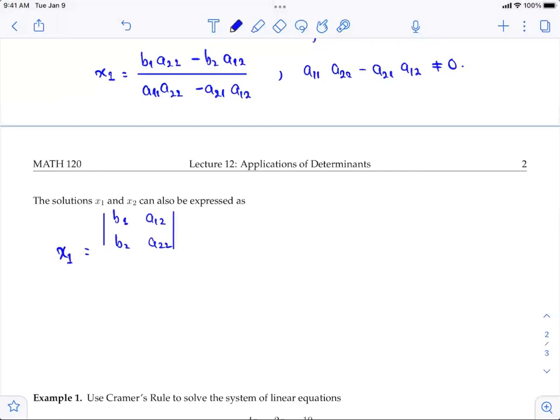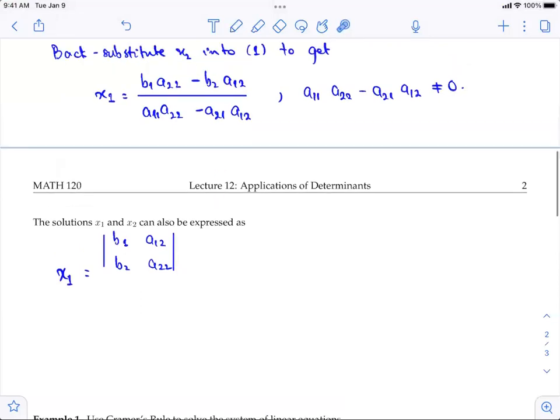If you compare the numerator we got here with the determinant, to calculate the determinant, the product of the main diagonal B1 times A22, minus the product of the off diagonal, B2 times A12.